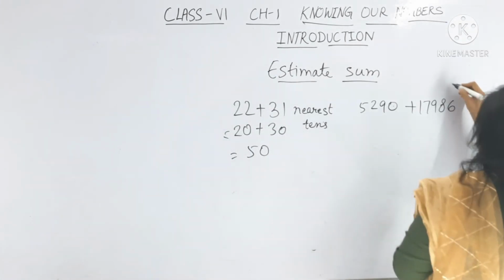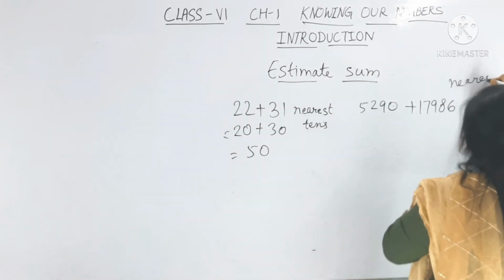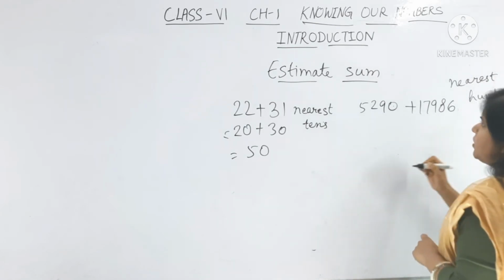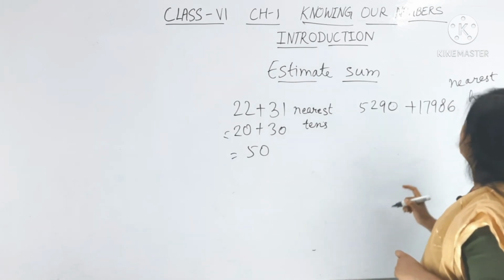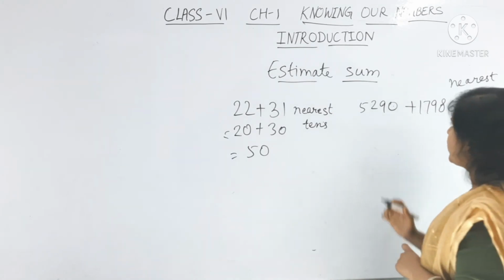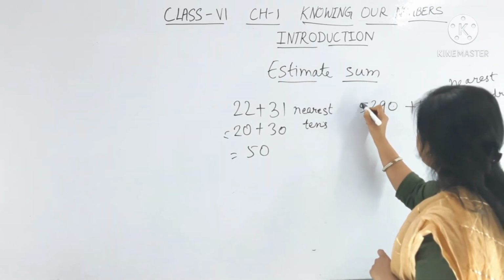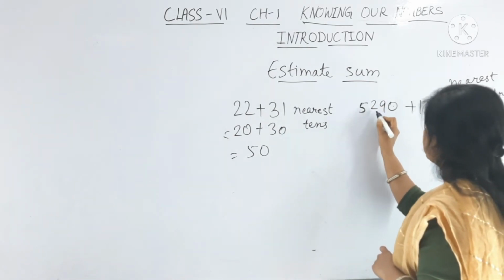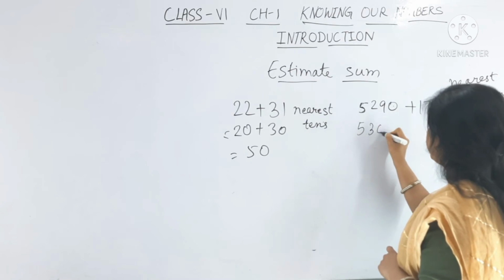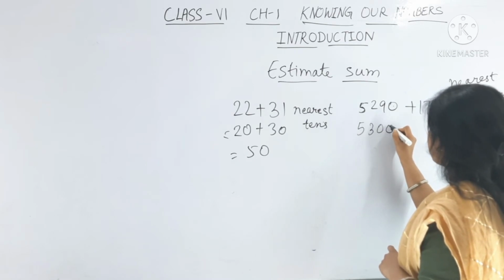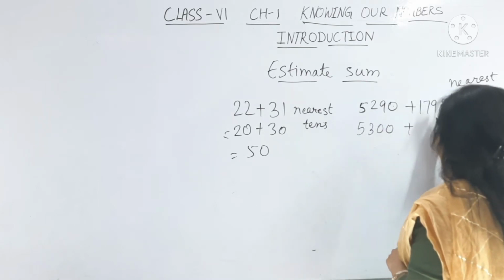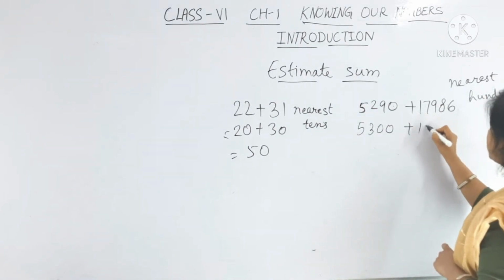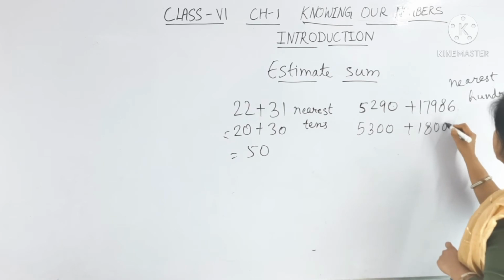Here the question may be to estimate the sum for the nearest hundreds. So for the nearest hundreds we can see here is 9, so it will change to 5300, plus here in the hundreds it is 9, so it will change to 18,000.